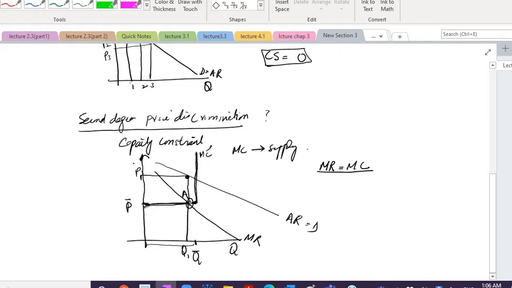So which point will meet this situation? Look, this vertical line represents the quantity. So in this situation, the price determined, like P1, would never be the price, because it is not appropriate for selling the entire product, and the firm is still left with some capacity which it really wants to sell. This red portion shows the excess capacity. So to meet this excess capacity, what they will do is reduce the price.